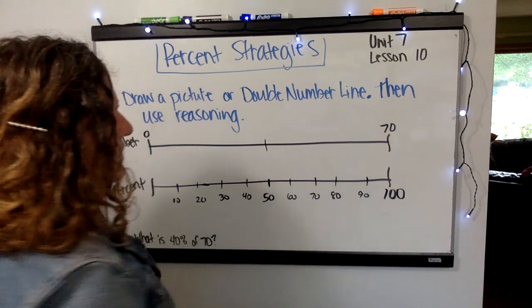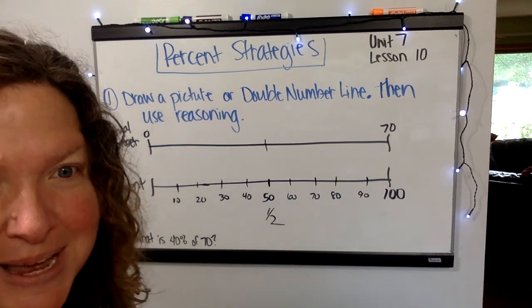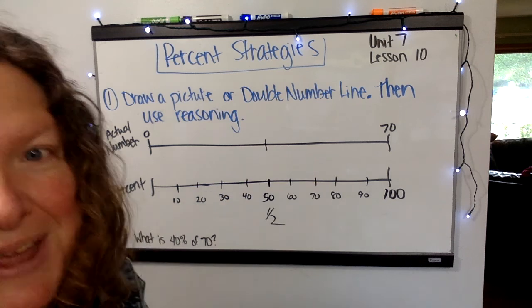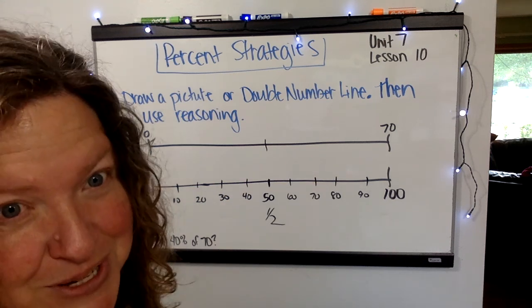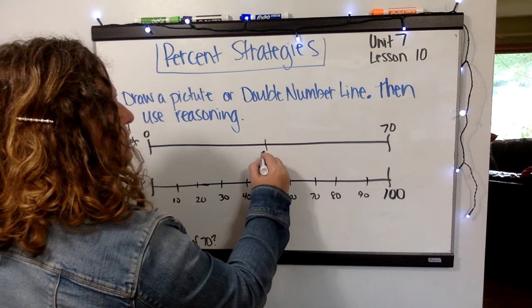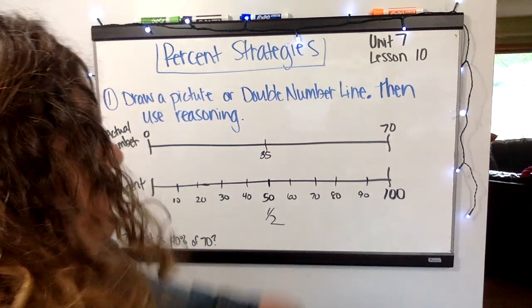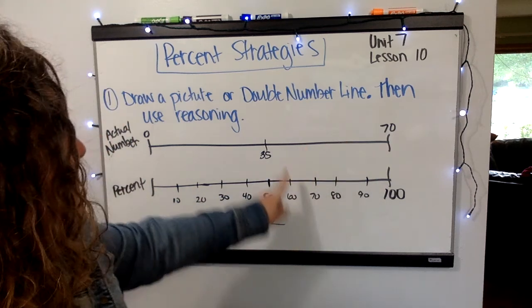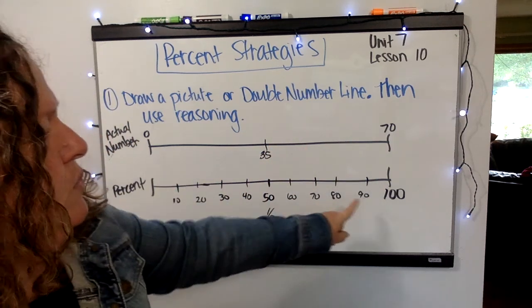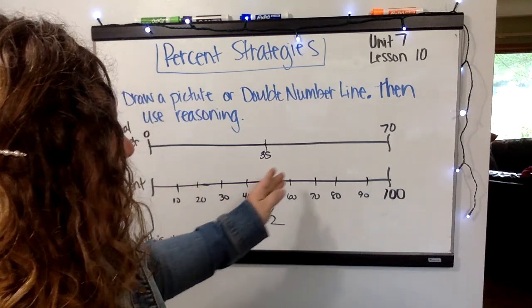We know that's already half. 50% is a great place to start because we know it's half. So you might already know what half of 70 is. I actually do. You might too. If you don't, no worries. I do, so I'm going to go ahead and write it in. But if you don't, no worries, because we're going to divide it into the same chunks that we do our percent. So we divided that into tens, groups of tens.